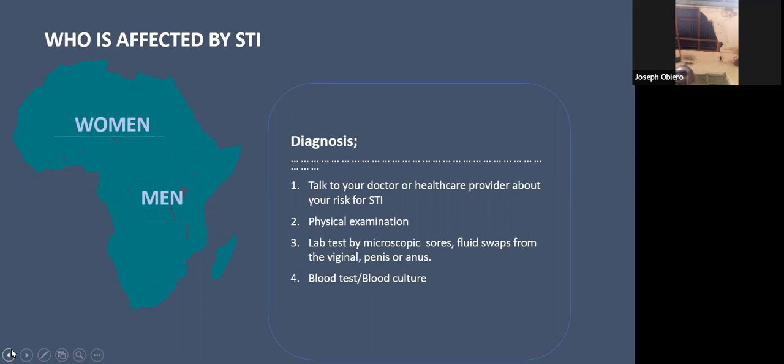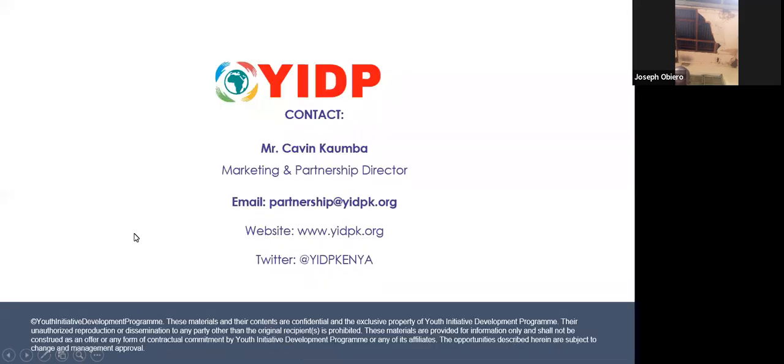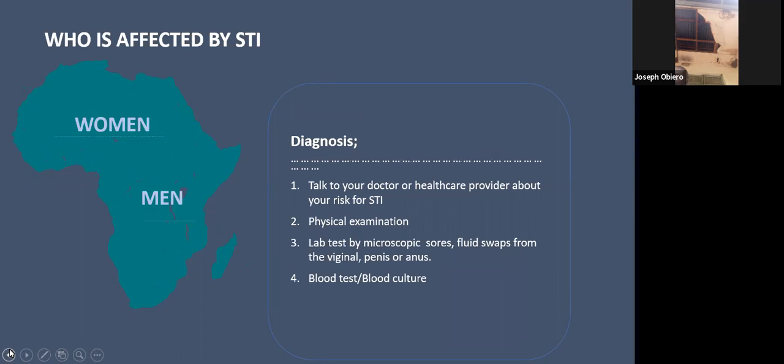It can also be diagnosed during physical examination in the health facility. When somebody is sick, he goes for treatment. Then of course, when the doctor does the full examination, he will find out that this person is suffering from this condition and can be treated accordingly.